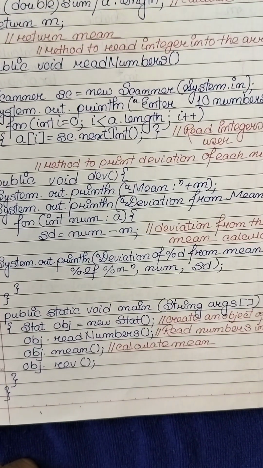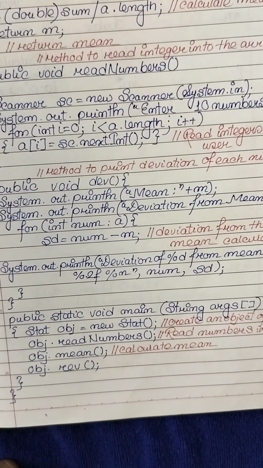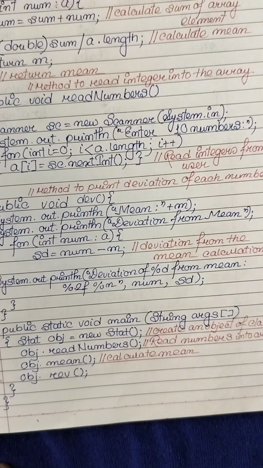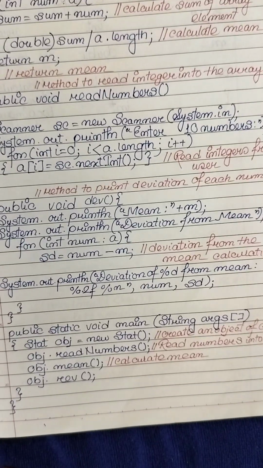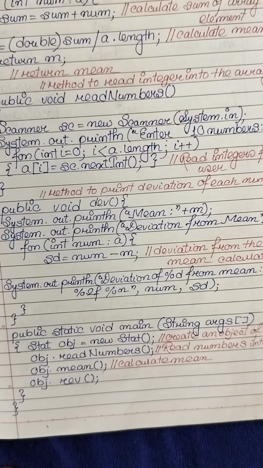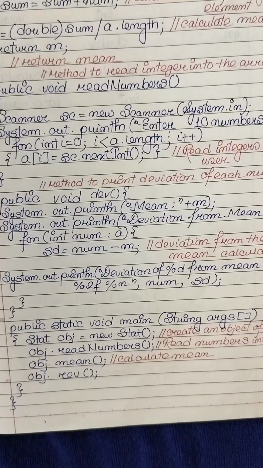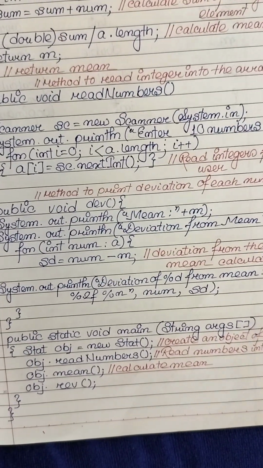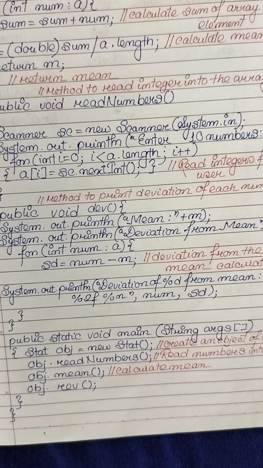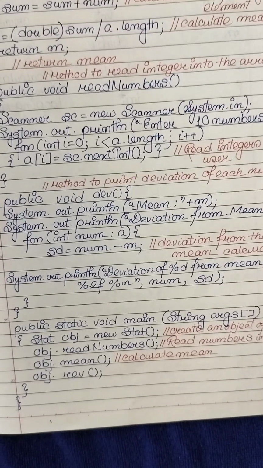For int num colon a, all the array elements will be read. sd, the deviation, is equal to num minus m, the deviation from the mean calculation. Now System.out.printf deviation of percent d is percent 2f, where 2f means a float with two decimals, and d is for the number. Print num and sd, so the deviation will be printed.